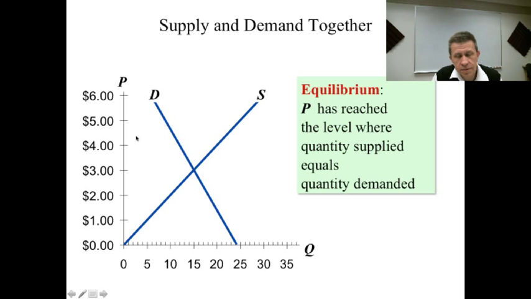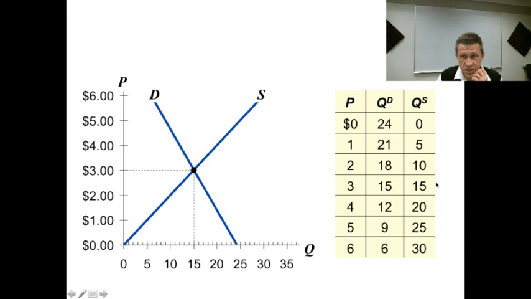Once again, I might sound like a broken record saying this, but that's okay. Quantity goes on the x-axis, price goes on the y-axis. Always, always, always, every time. The demand curve here is labeled with a D, the supply curve is labeled with an S. We've got our equilibrium price of $3, quantity of 15, and you see that in the demand schedule and the supply schedule when they're put together.